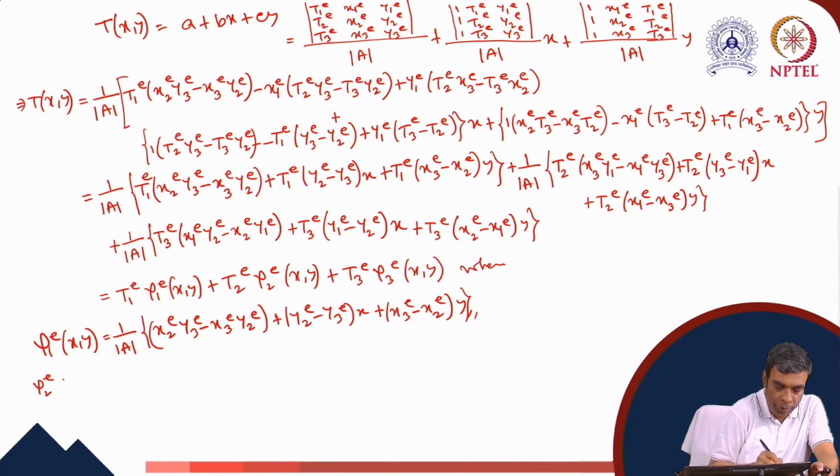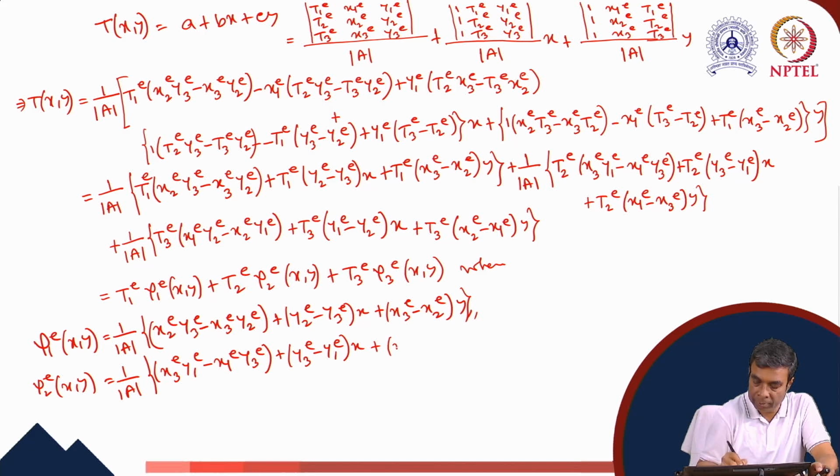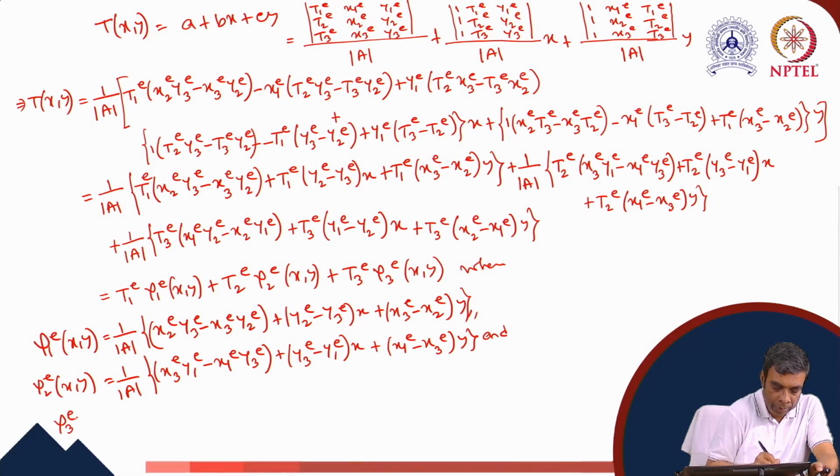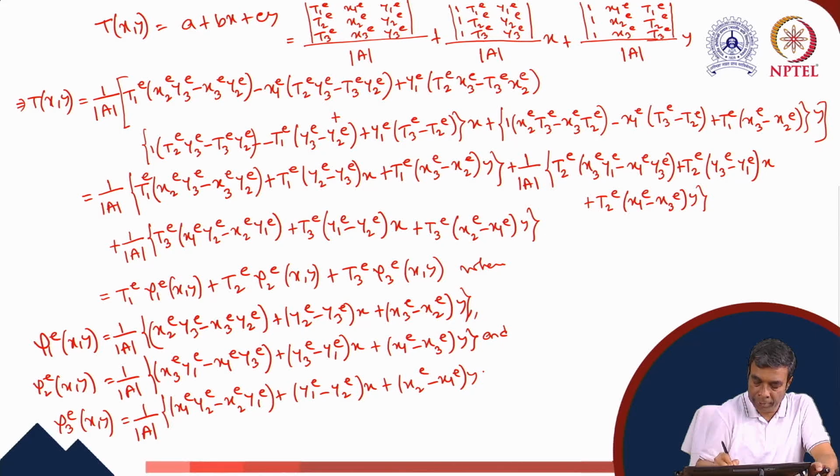Then we have psi 2e xy equals 1 by determinant A into (x3e y1e minus x1e y3e) plus (y3e minus y1e) into x plus (x1e minus x3e) into y, and psi 3e xy equals 1 by determinant A into (x1e y2e minus x2e y1e) plus (y1e minus y2e) into x plus (x2e minus x1e) into y.